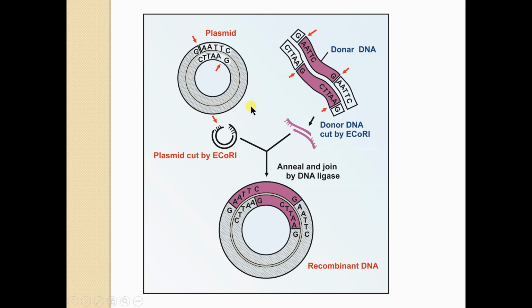One important enzyme is the restriction endonuclease, named from E. coli, EcoRI. The plasmid is also known as the vector, which can carry our gene of interest, the insulin gene. EcoRI, the restriction endonuclease, will cut at specific sites recognized by the enzyme in the plasmid, and the same enzyme will produce a cut in our host DNA, the human DNA, that is the donor DNA.